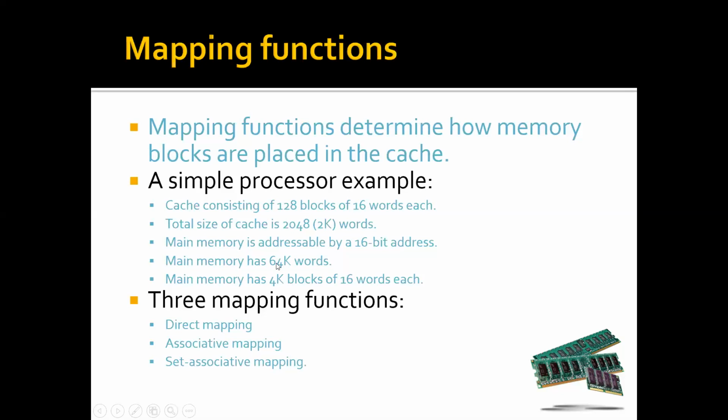So the main memory is 64 kilobytes of words. And what is the size of the cache memory? We were given only 128 blocks of 16 words, and we have computed the size of the cache.